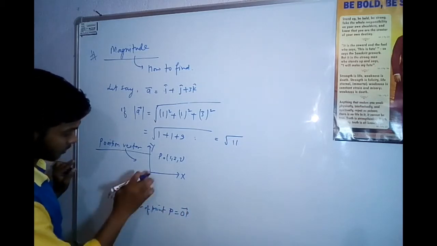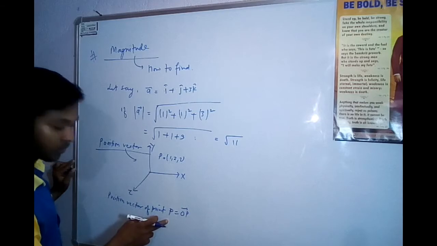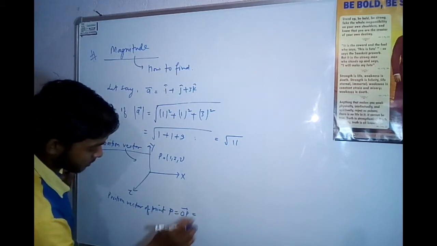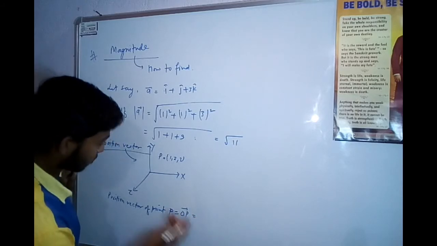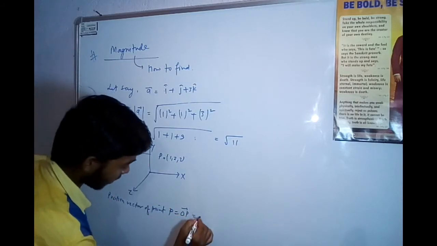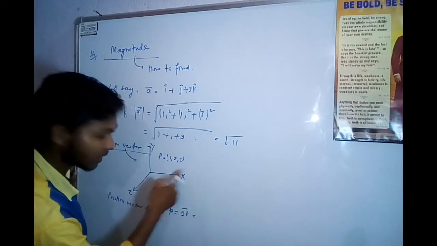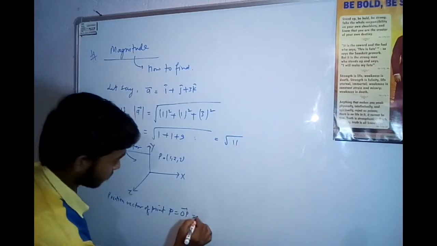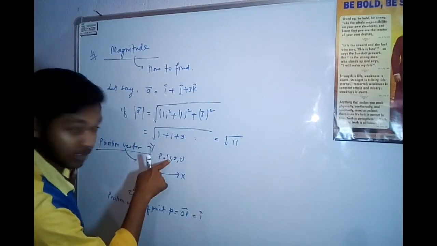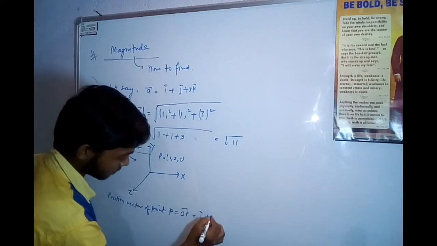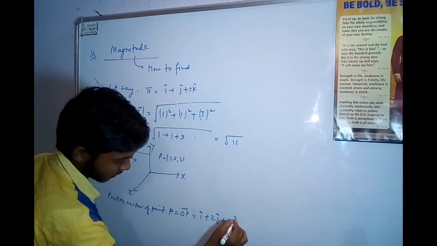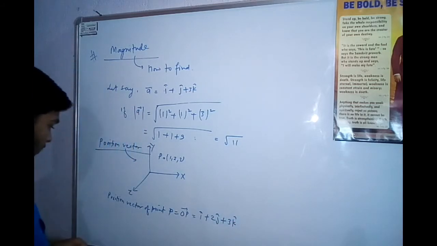The position vector of P can be written as vector OP. We don't have to calculate; simply we have to write the x coordinate, y coordinate and z coordinate as written here. So i cap, because the x coordinate is 1, j cap is 2j cap, and the z axis along 3k cap. So this is for vector OP.